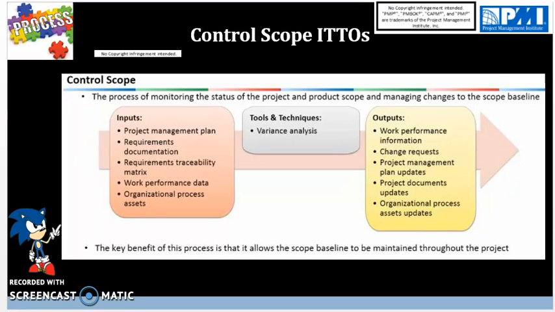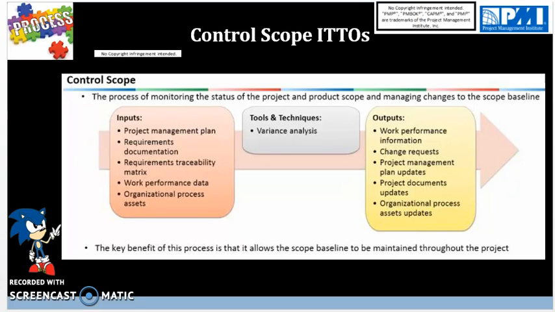Once verified, it will come back to validate scope, this time for acceptance, and then go back to control scope again, making sure that as a team and as a customer we are satisfied with the scope overall and move forward. So controlling scope here, we're doing this internally, and change requests have to be minimized here and make sure that the scope is not changed as much.